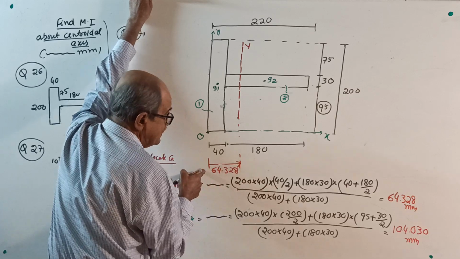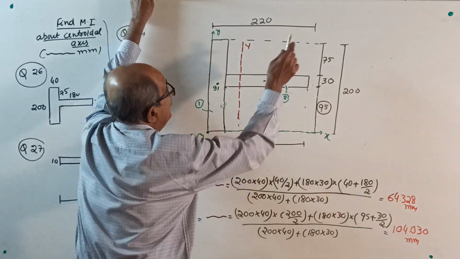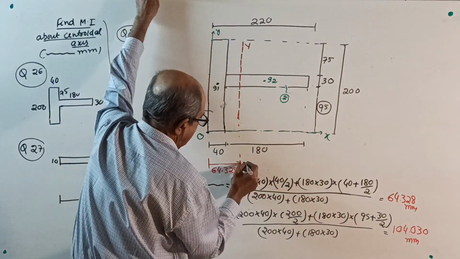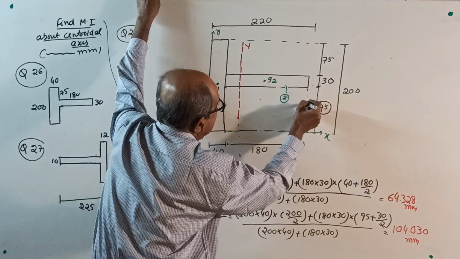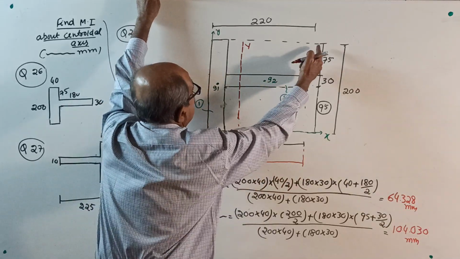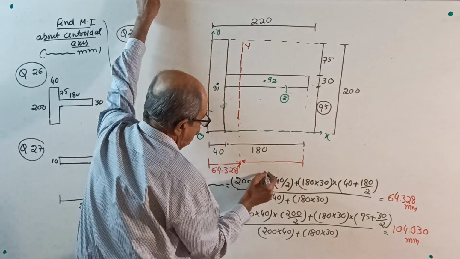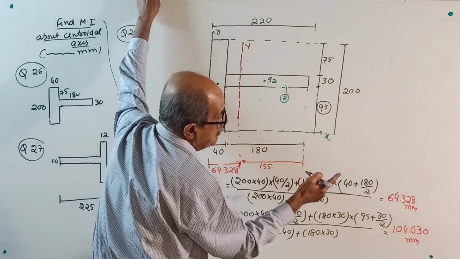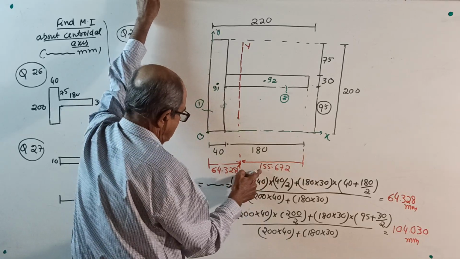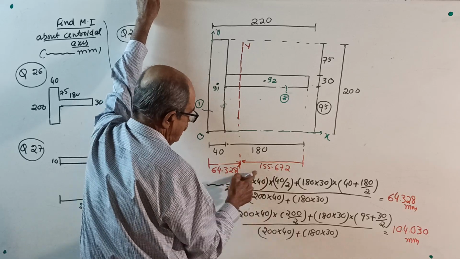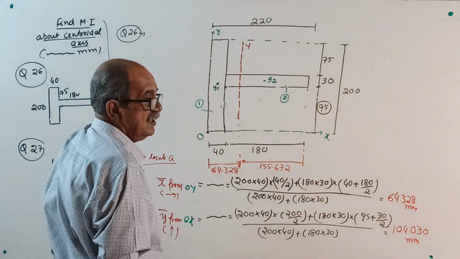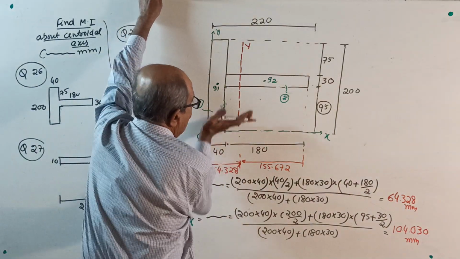From here 220 minus 64.328 is from this extreme edge. If you want this distance, subtract it from 220: 155.672. 65, 55 is 120.